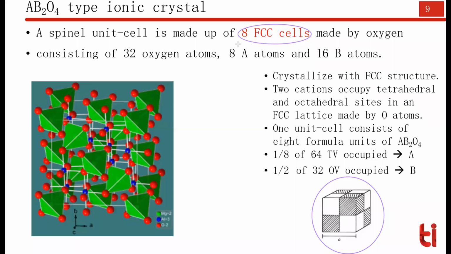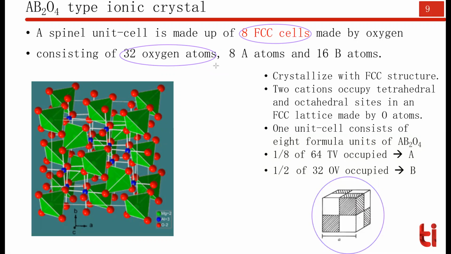These 32 FCC atoms are actually the oxygen atoms. So the larger lattice of the spinel unit cell is made up of 32 oxygen atoms required to make 8 unit cells of FCC.